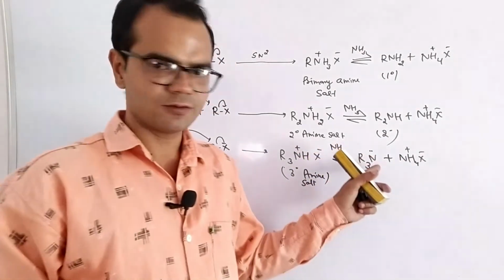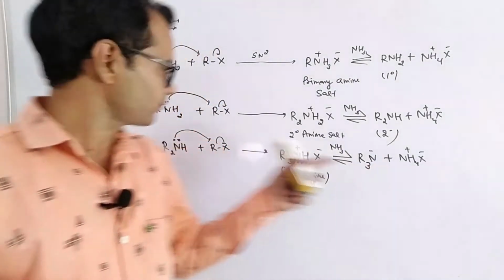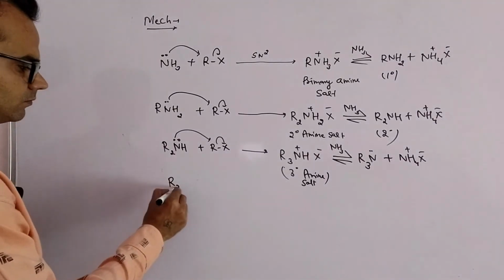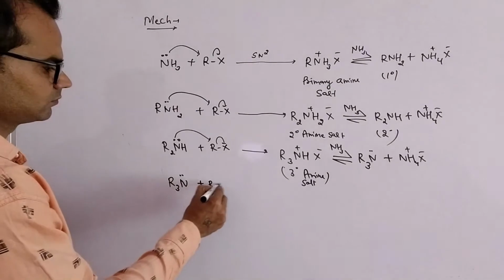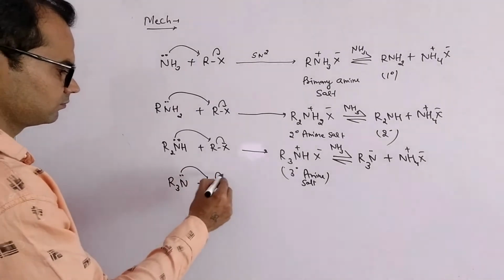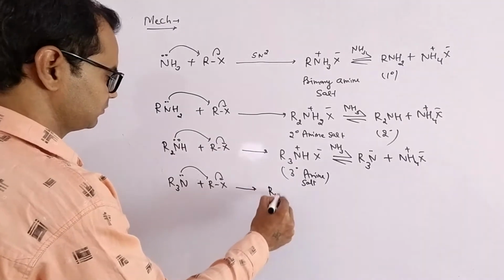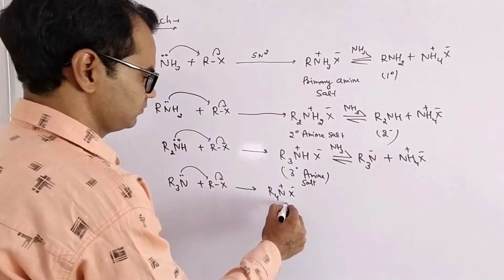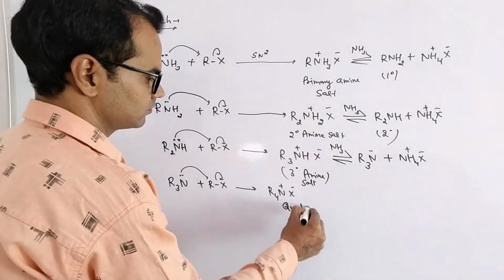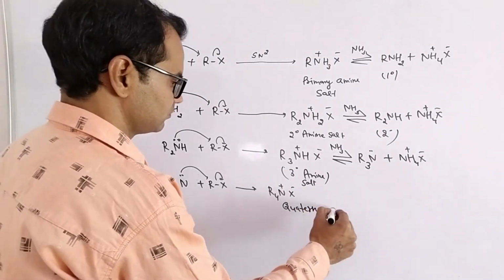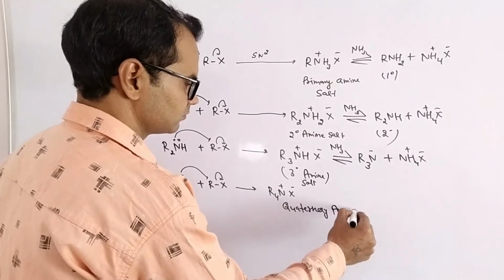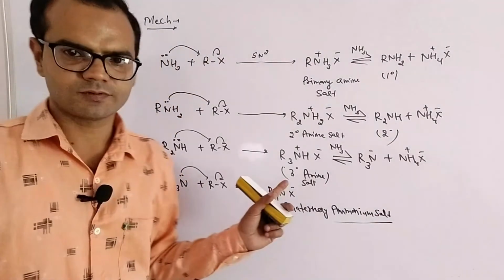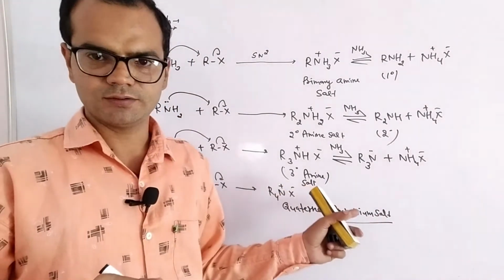Still lone pair is there on nitrogen, so it will further react with the alkyl halide, attack on RX. So in final step we will obtain a quaternary salt.